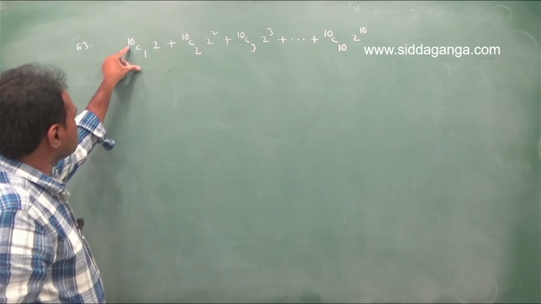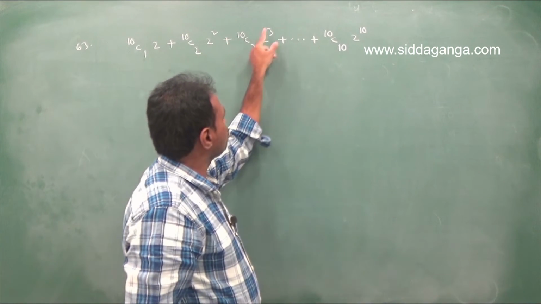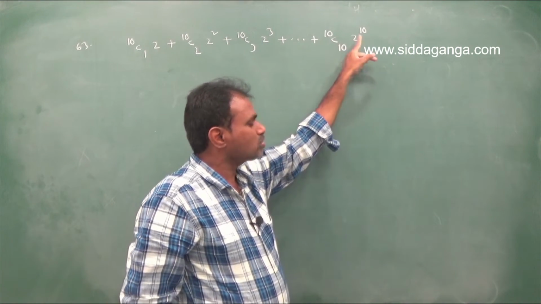If you observe here, 10C1 2 plus 10C2 2 square plus 10C3 2 cube plus up to 10C10 2 power 10.